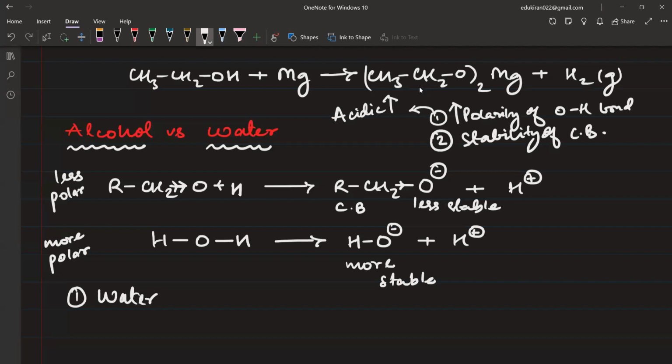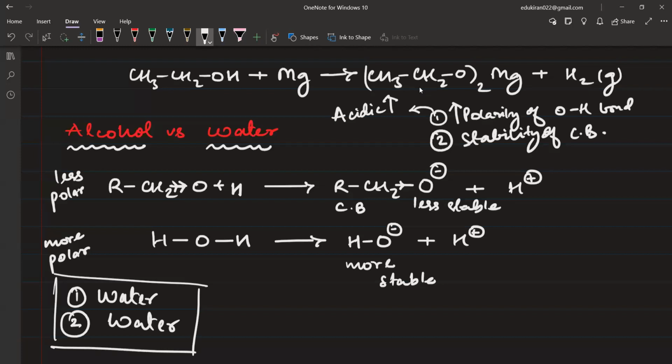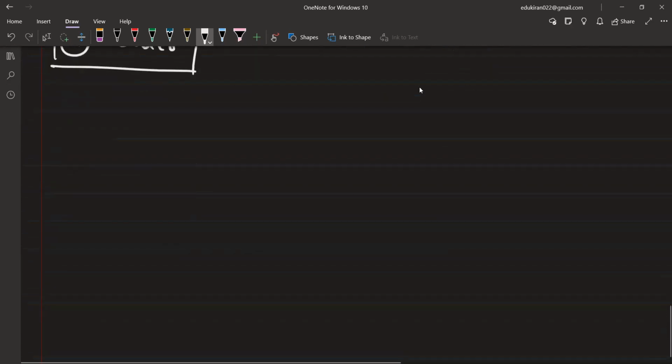More stable than the alkoxide. So due to the second condition also, which is winning, tell me, कौन जीत रहा है यहाँ पे? Water. Very good. ठीक है, तो अब बताइए कौन ज्यादा एसिडिक हुआ, अल्कोहल या वाटर? Water. वेरी गुड, है ना? वाटर ही ज्यादा.